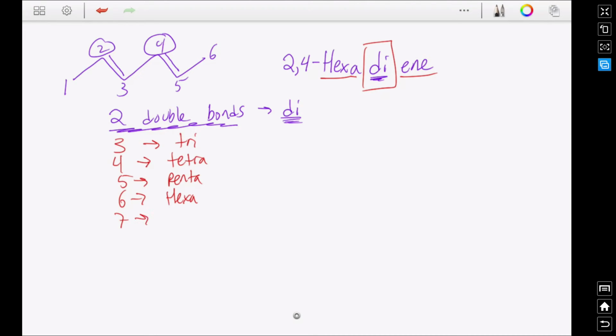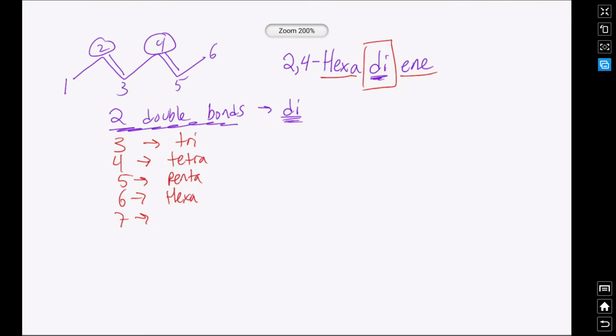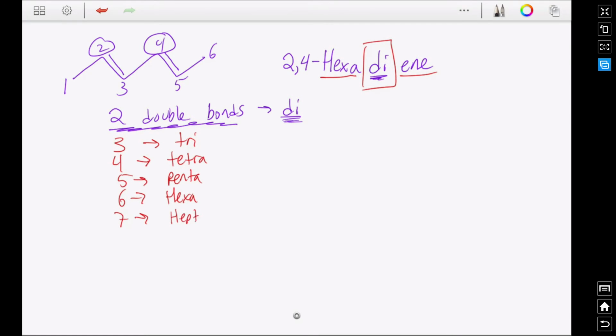To get 7 double bonds, you need a very, very large chain. So 7 would be hepta, 8 would be octa, 9 would be nona, and 10 would be deca.